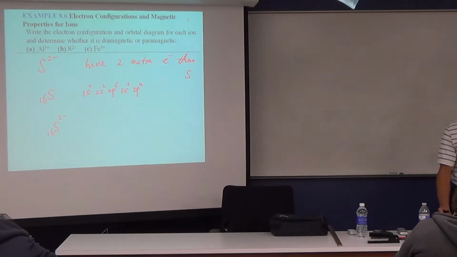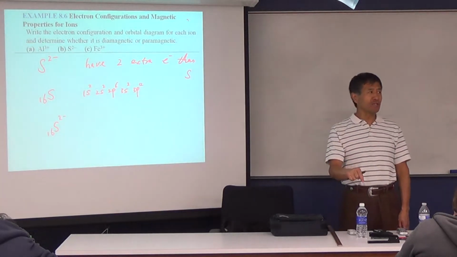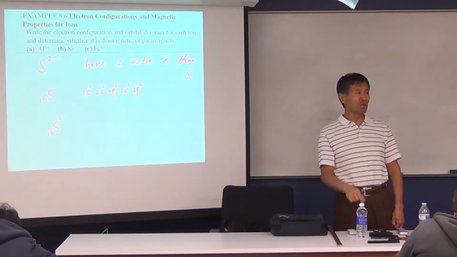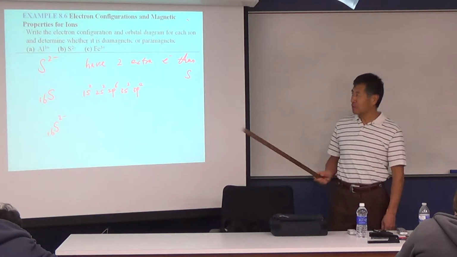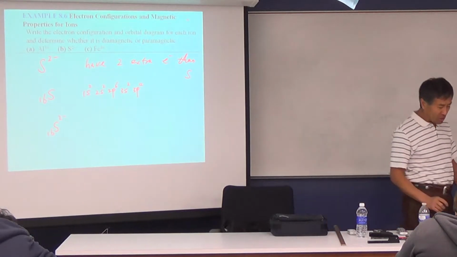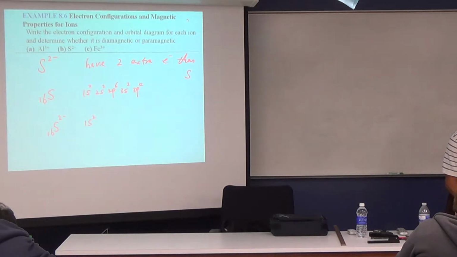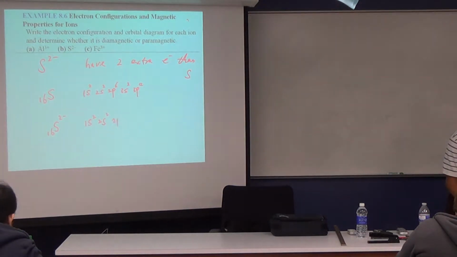Where you put these 2 extra electrons is similar to what you do for the neutral atom. You put them into the lowest available orbital. The lowest orbital is 1s, but that is already taken. So right now the lowest available is the 3p. So you have 1s2, 2s2, 2p6, 3s2, and 3p6.